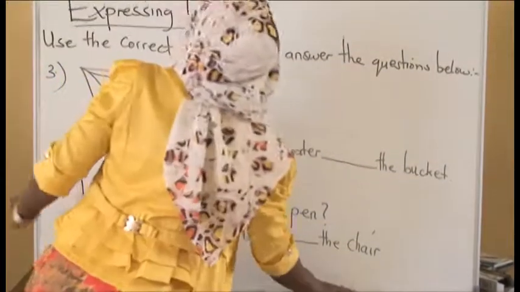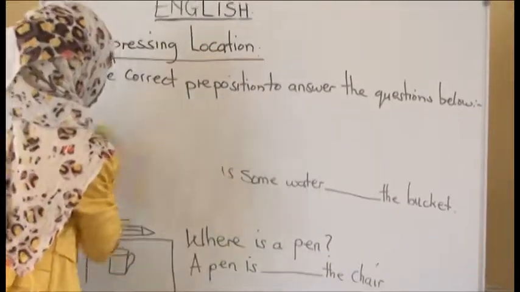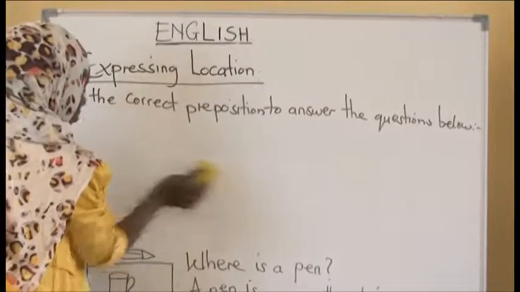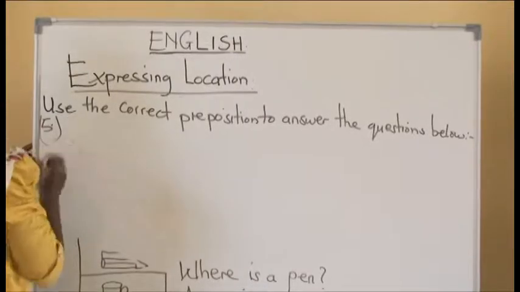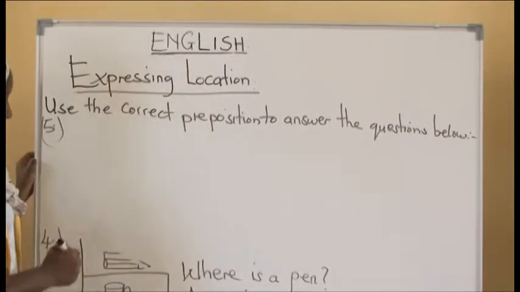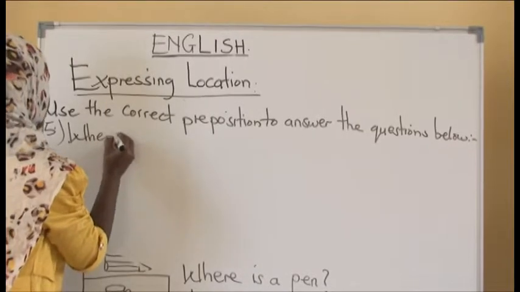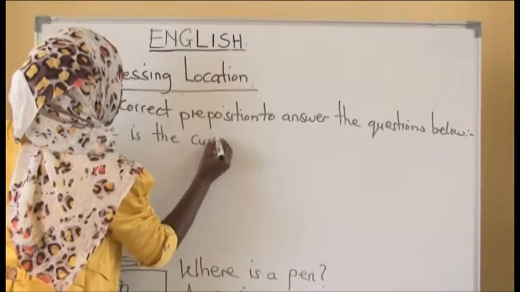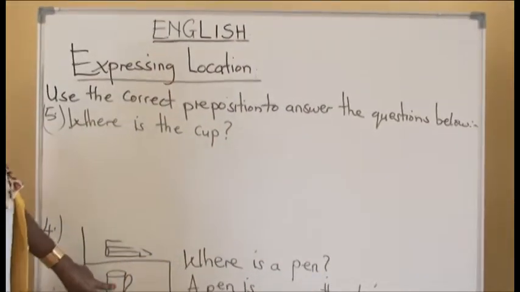Then the last question, which is the fifth, is asking, where is the cup? And you can see properly that the cup is here.